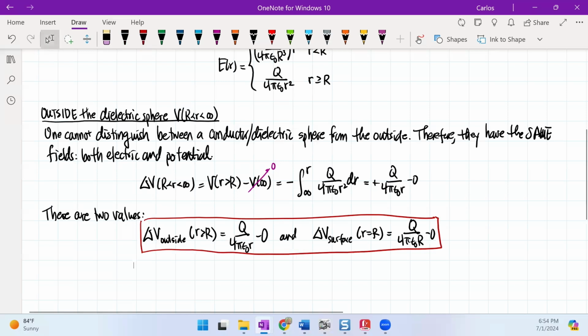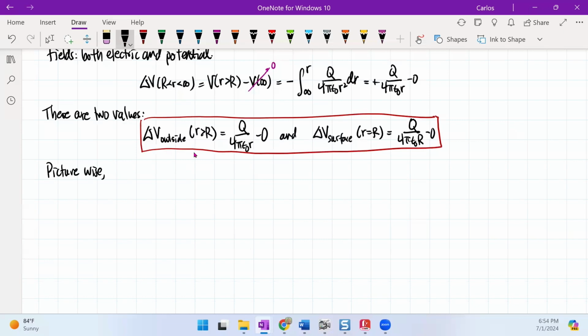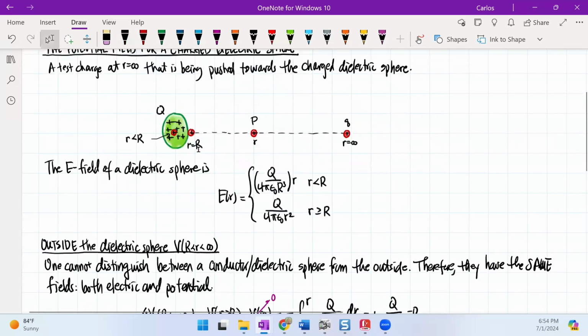So once again, let's draw our picture to make sure that I'm driving this home as much as I can. So picture-wise, what have we just calculated? If I'm looking at my sphere, and what color did I draw? I drew it green.